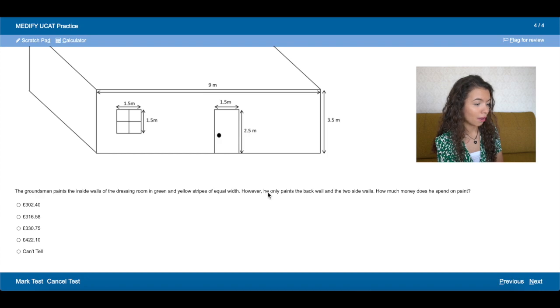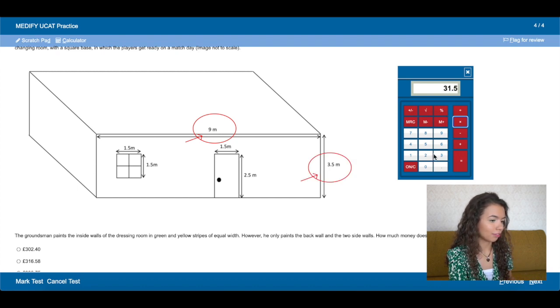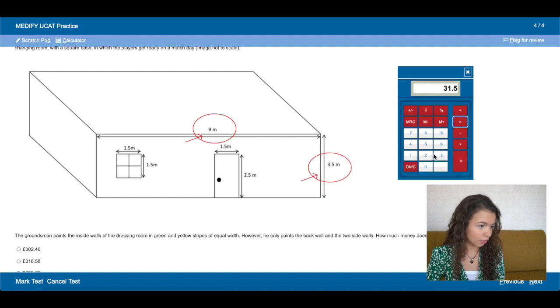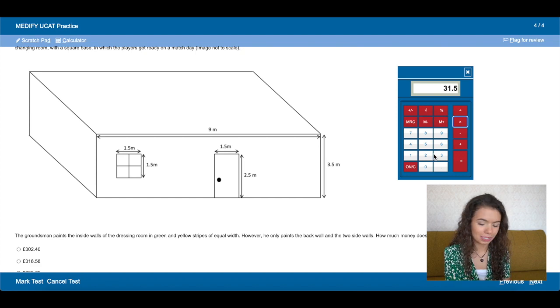Next, he wants to paint the inside walls of the dressing room in green and yellow stripes of equal width. However, he only paints the back wall and the 2 side walls. How much money does he spend on paint? Okay, so the measurements of the back wall are going to be 9 times 3.5, which is 31.5. The 2 side walls are the same thing if we're assuming that it's a square base.